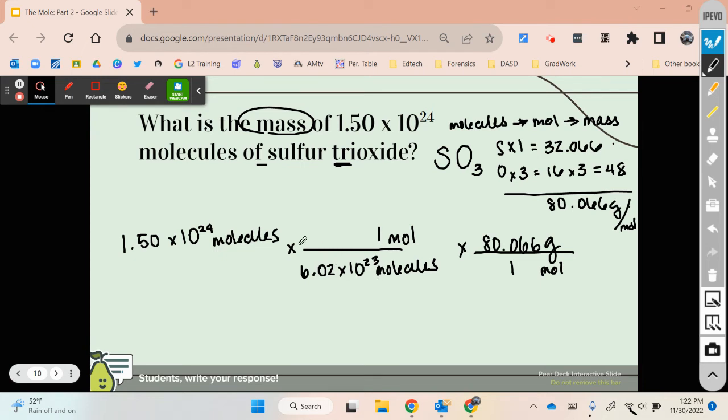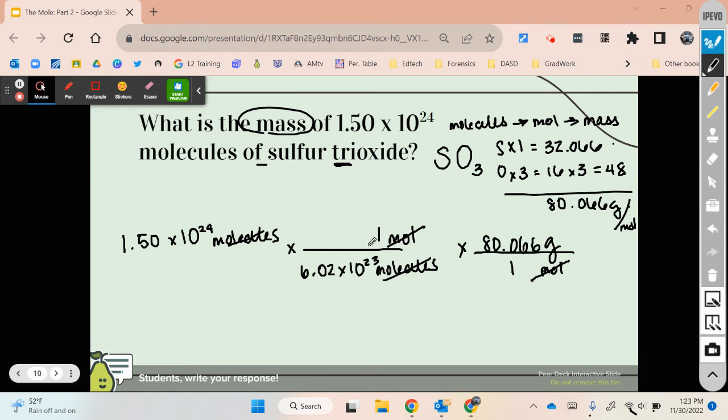We don't change this up, okay? So molecules cross out. I then need to convert moles into grams because I'm being asked to find mass. So moles are going to cross out here, and grams is the unit that is remaining. And I get this 80.066 number by adding up the molar mass of sulfur trioxide, okay?